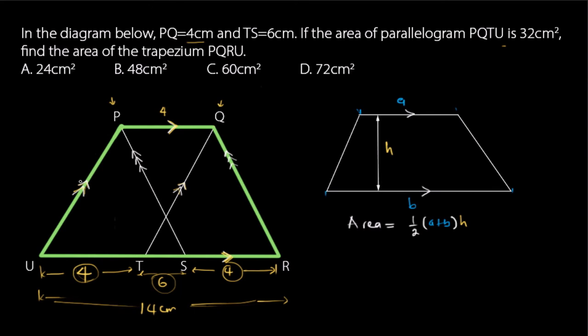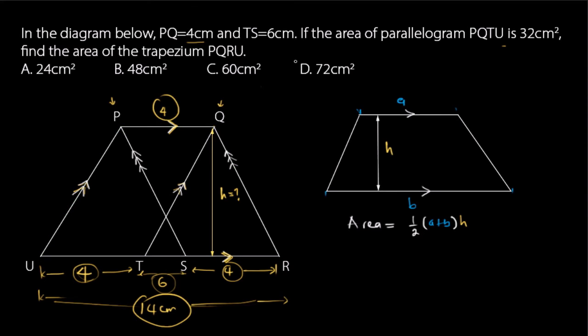But when you look at the trapezium we have here, we know that this is 4, which is representing A. We know that this is 14, which is representing B. But how do we find the height? We do not know the height. To find the height, we are going to use the information we are given in the problem statement.